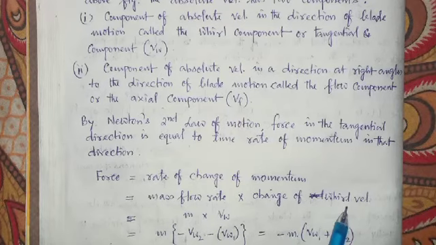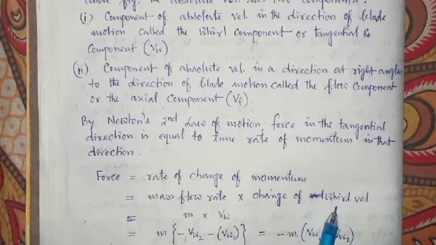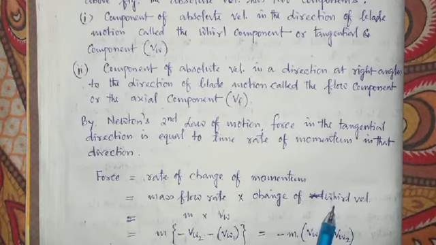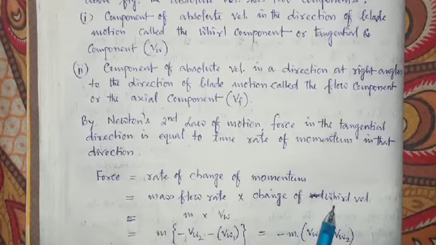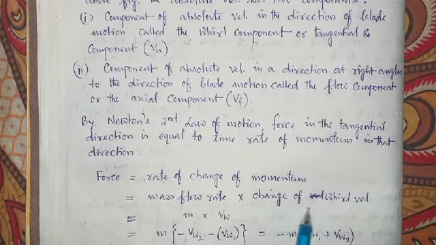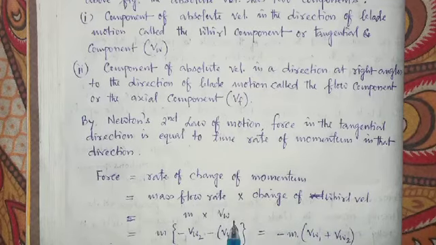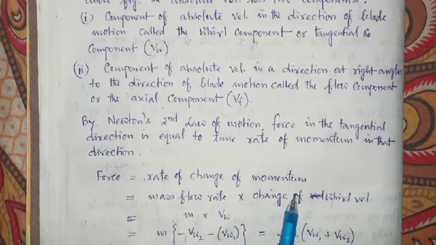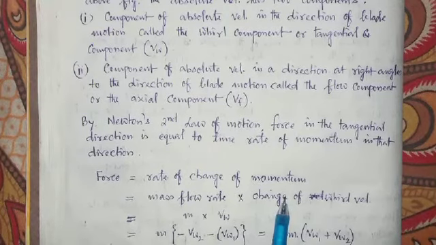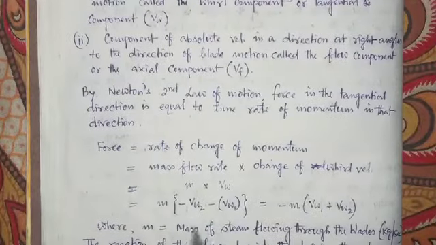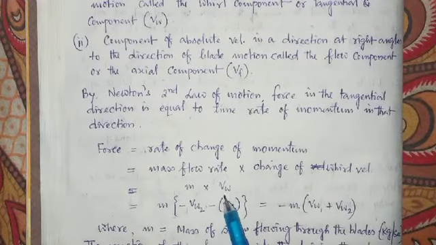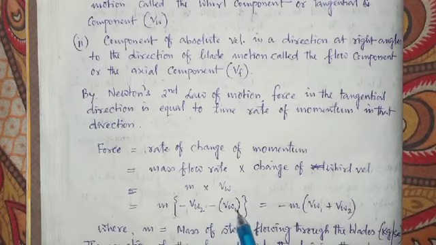The change of velocity which produces force on the blade in the direction of its motion is the change of the whirl velocity, represented as VW. Change of velocity means final velocity minus initial velocity. Final velocity is VW2 and initial velocity is VW1.